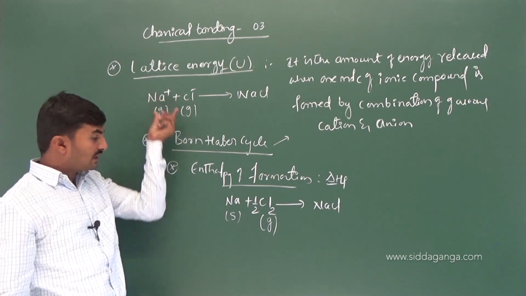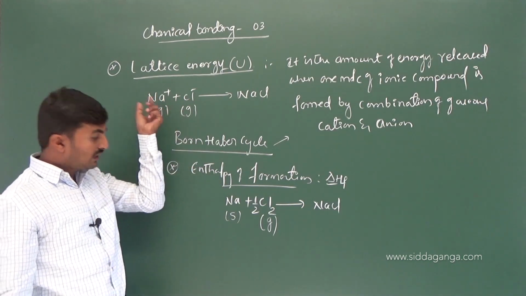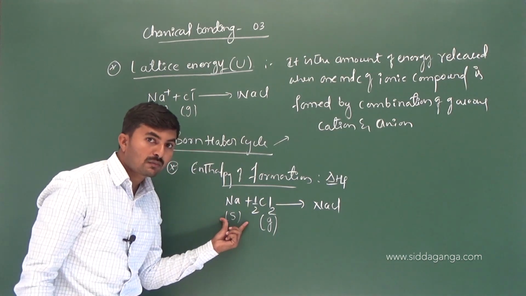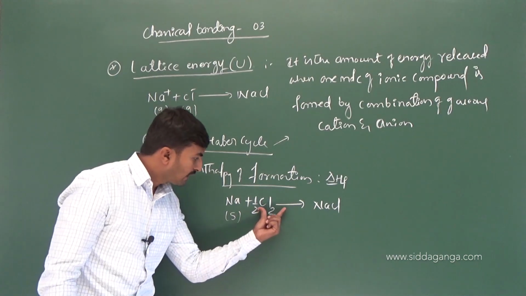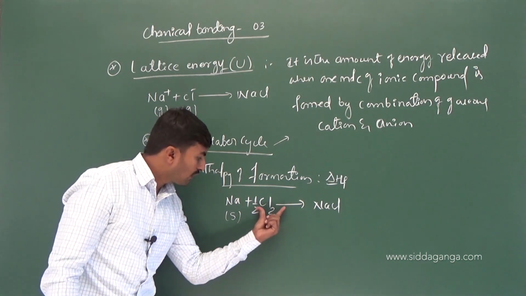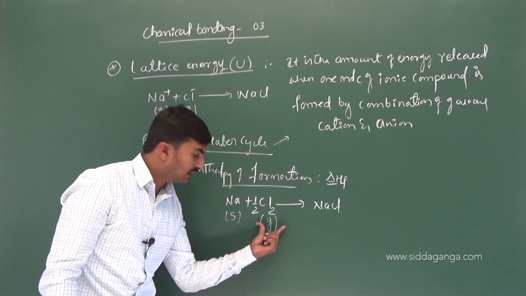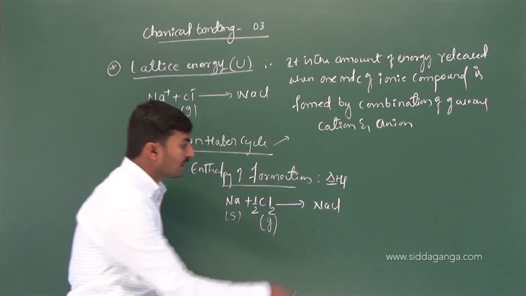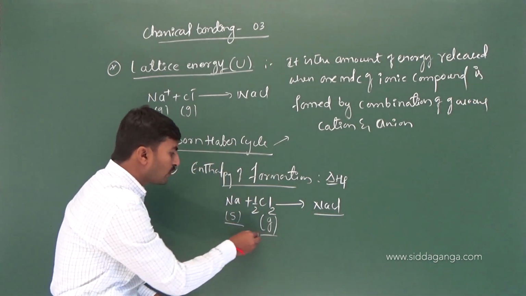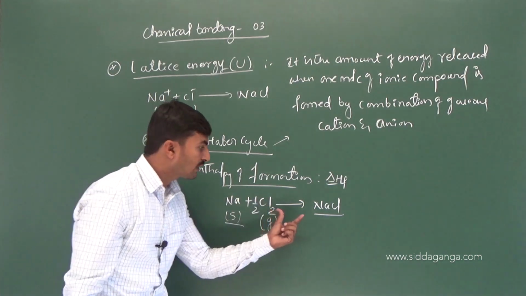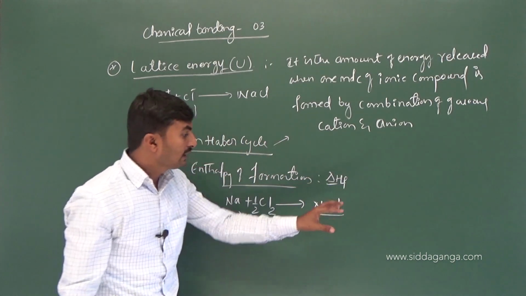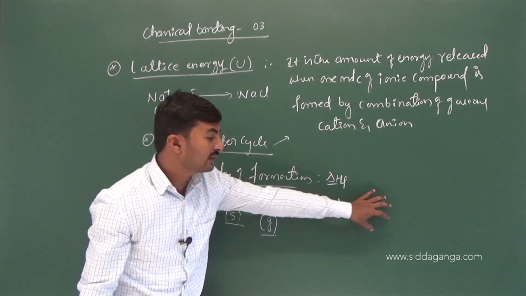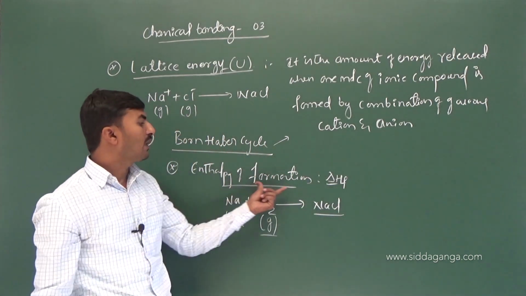In the Na plus state, sodium is in a gaseous state, but the pure form of sodium in its elemental state exists in a solid state, whereas a Cl2 molecule exists in a gaseous state in its pure state. When these two pure state elements combine together to form 1 mole of ionic compound, the energy released during this reaction is called enthalpy of formation.